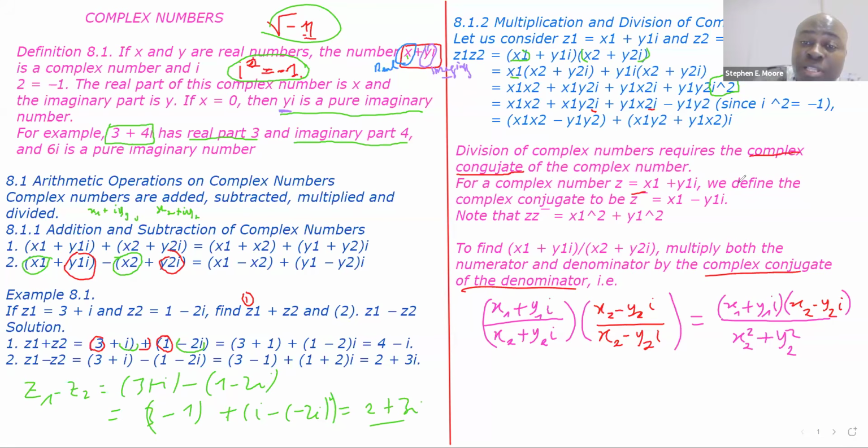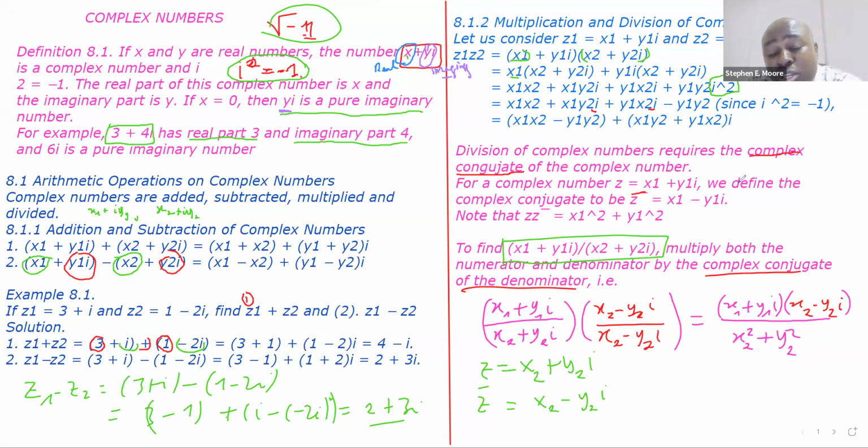So for instance, if we take x1 plus y1i over x2 plus y2i, and we want to solve this, we take the complex conjugate, right? If z is x2 plus y2i, then its complex conjugate is x2 minus y2i. And we multiply both the numerator and the denominator by this complex conjugate to give us now this form.